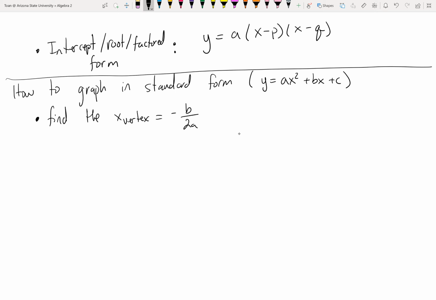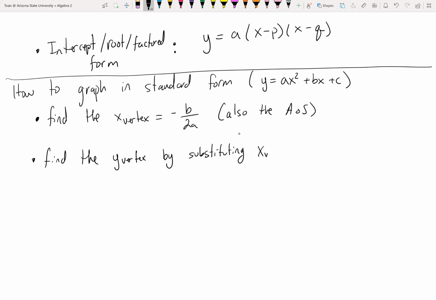Once you have the x coordinate of the vertex, remember, this is also, little Jeopardy trivia fact, the axis of symmetry. Once you have the x coordinate of the vertex, you want to find the y coordinate of the vertex by substituting the x coordinate of the vertex into your function.